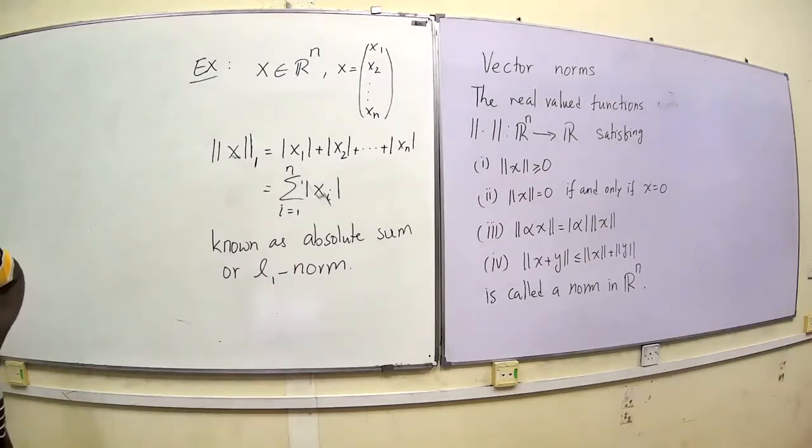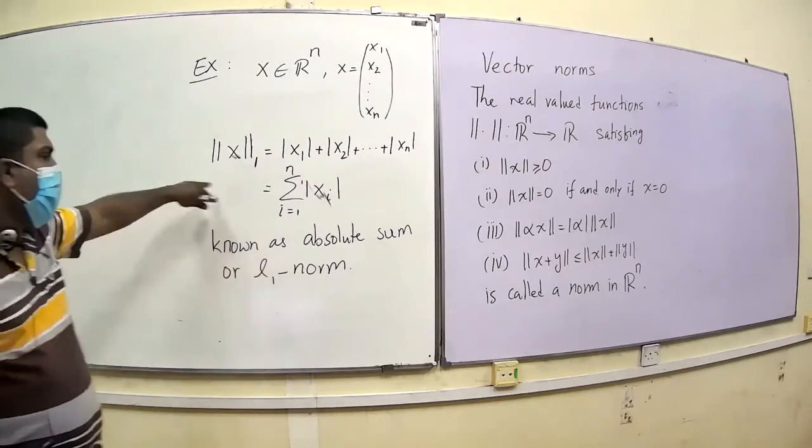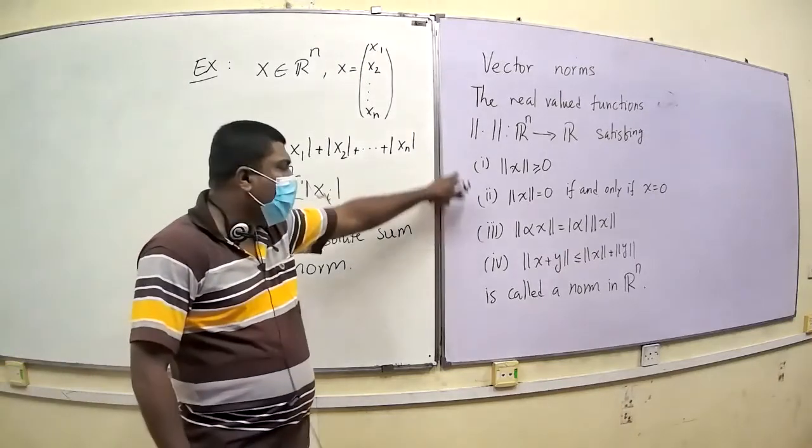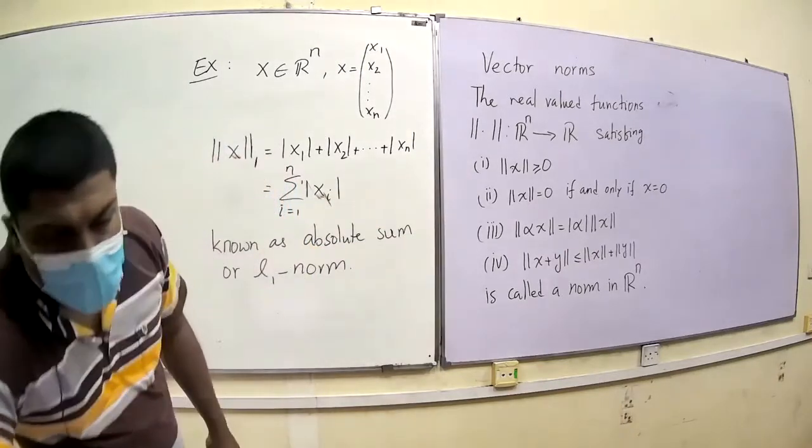This is called the absolute sum norm or L1 norm. It is defined by taking the individual components of the vector, taking the absolute value and summing them together. So you can easily check that this definition satisfies all these four properties.